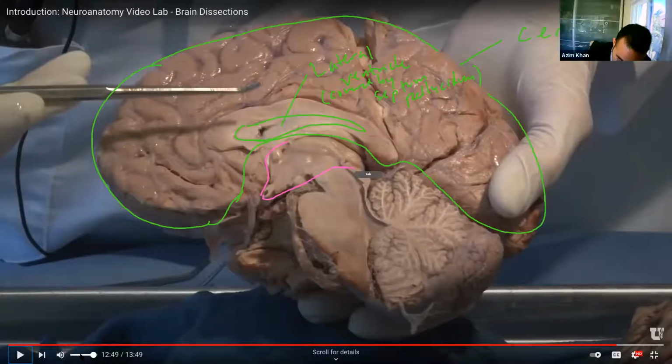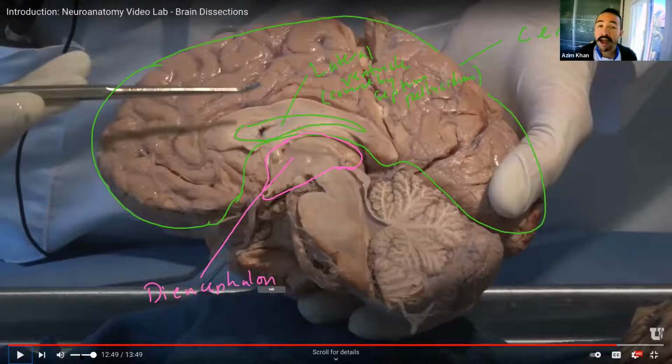A little more accurately like this. This is the diencephalon. And the third ventricle is this space in between. So if you have the other hemisphere sandwiched, then you'll get this space where there's fluid. This is where the third ventricle would be found.